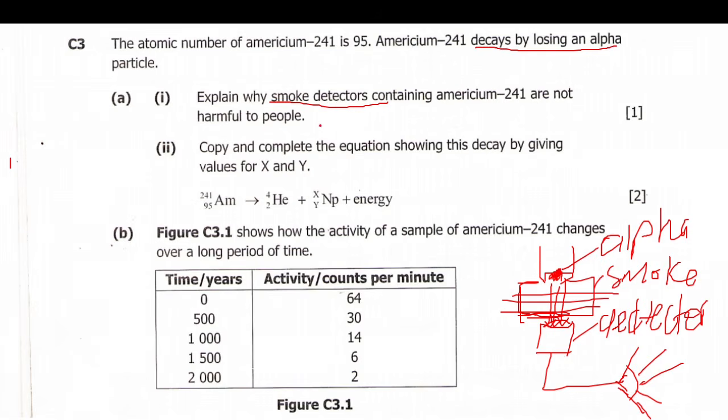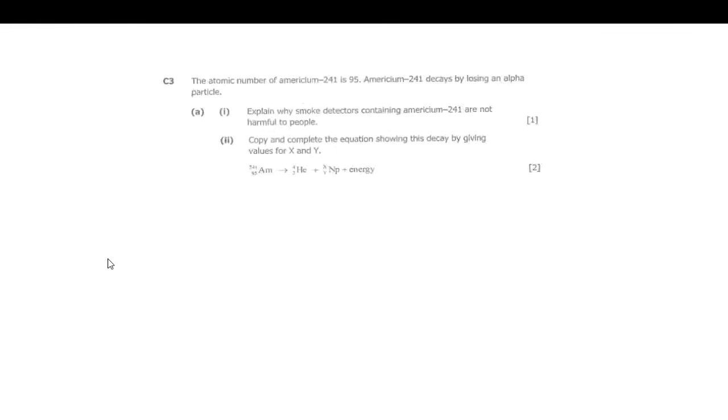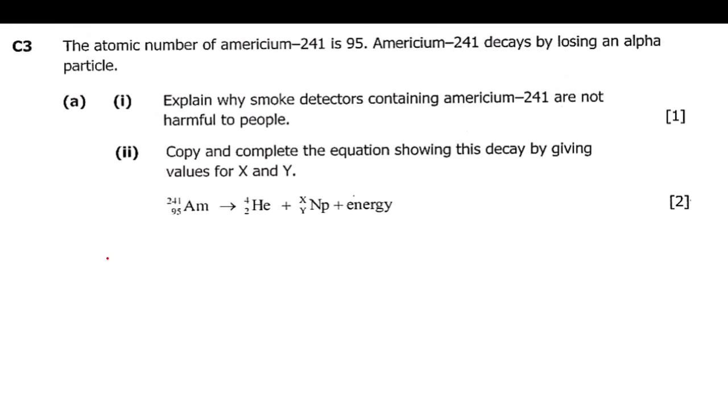They are saying explain why smoke detectors containing americium 241 are not harmful. So one, it has less penetrating power. So let me see the answer that I actually had to put.